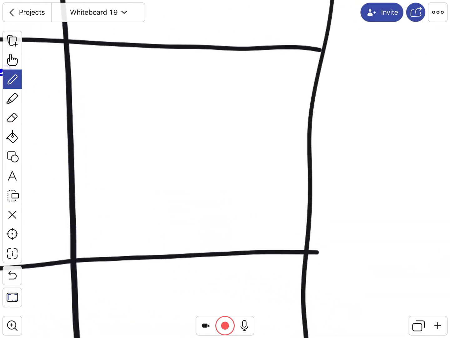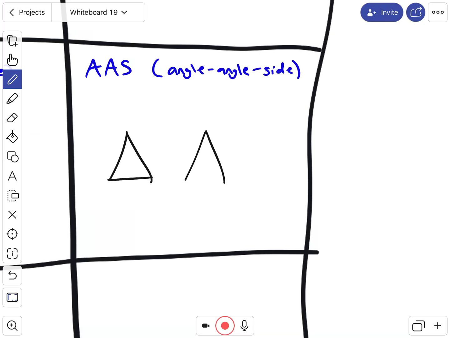Now this one's going to look very similar to the last one. It does have 2 angles and 1 side, but notice that the placement of the side is a little bit different. So I'm going to mark my angles first. So 2 angles, but notice that this side right here is not between the 2 angles.